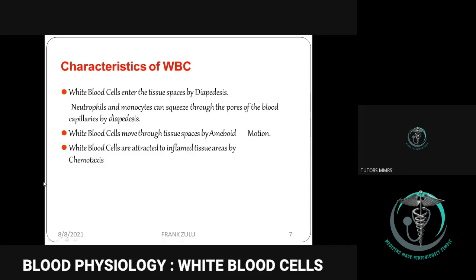So white blood cells will be attracted to antigens, microorganisms, or collectively what is called an inflamed tissue. An inflamed tissue is any tissue where you have tissue damage, which can either be mechanical or due to production of antibodies to that area.